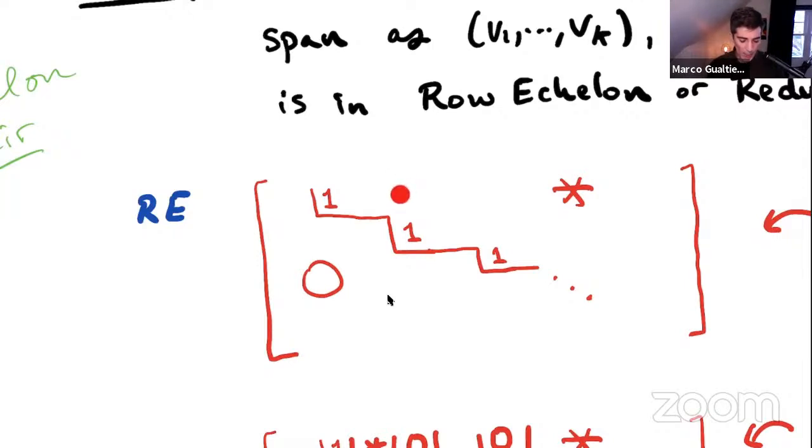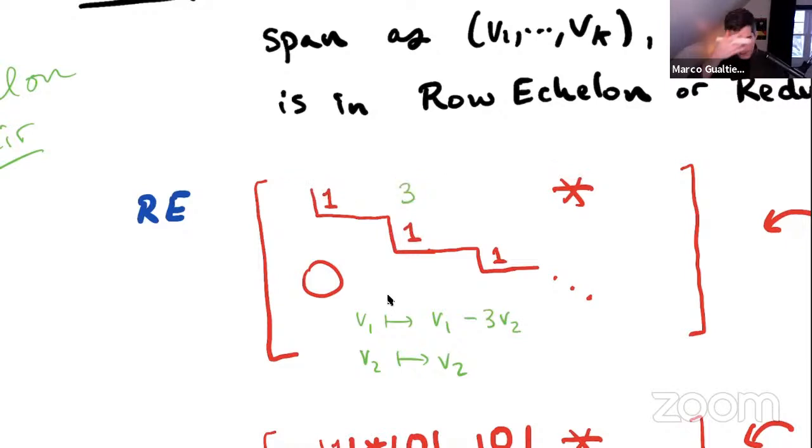Then I would replace the first row by the first row minus some constant times the second row. So for example, if this was 3, then I would replace V1 by V1 minus 3 times V2, and I would leave V2 alone. What this would do is multiply this number by 3 and subtract from this row, and it would make this entry 0.